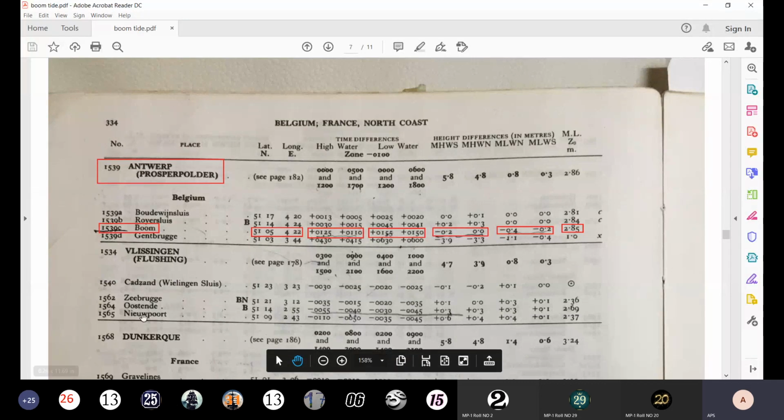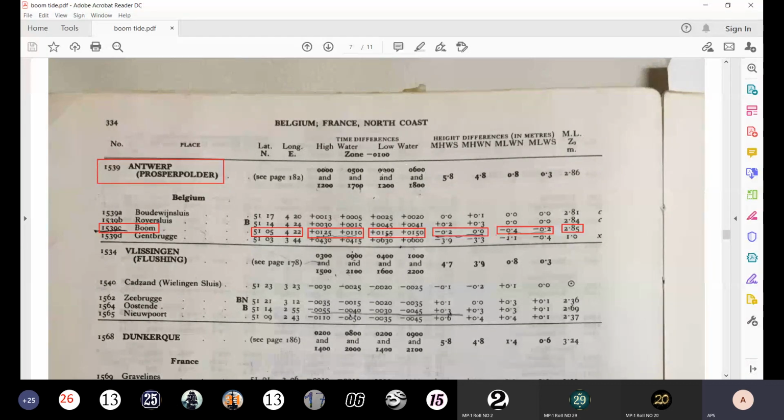So low water means you'll have to use these two columns. So 0131 will come between 0000 and 0600. We'll do one by one. So first you convert 1 hour 31 minutes low water. So it will come between the 0000 and 0600. That means you will be moving little less than 155.